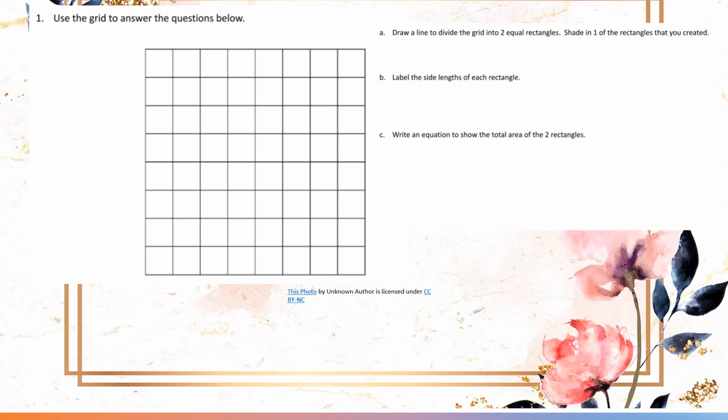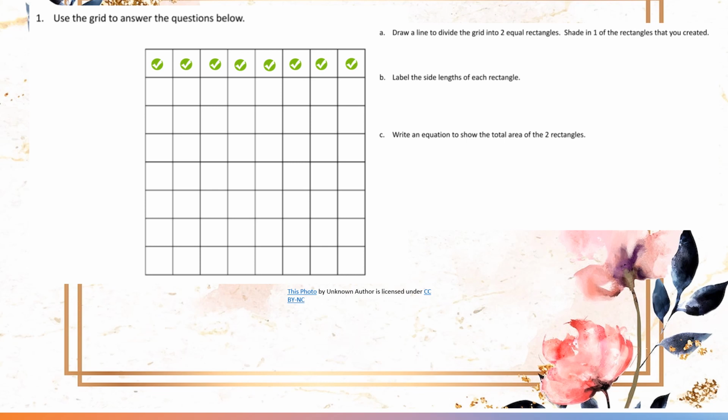Okay, so let's count off these squares so that we can figure out how wide the grid is, or the width. 1, 2, 3, 4, 5, 6, 7, 8. Okay, so it's 8 units wide.